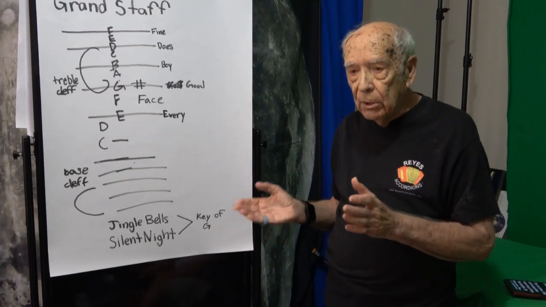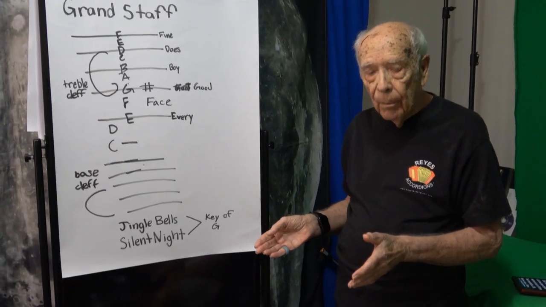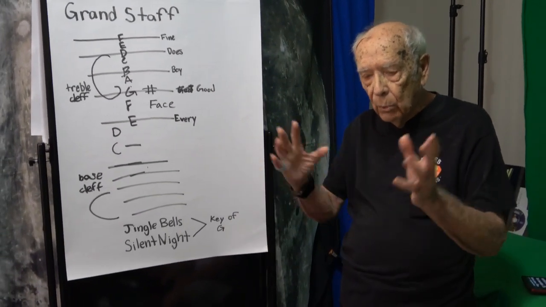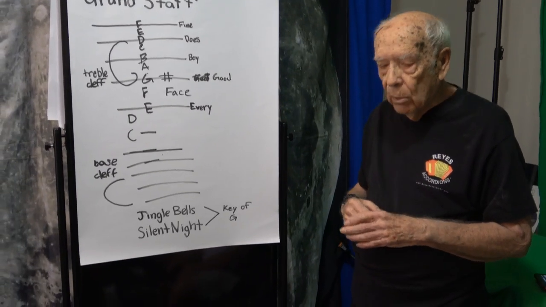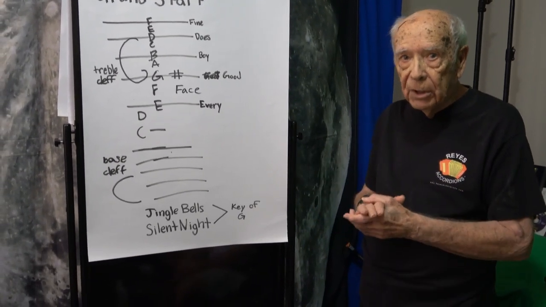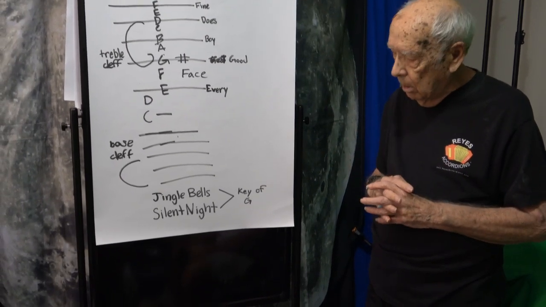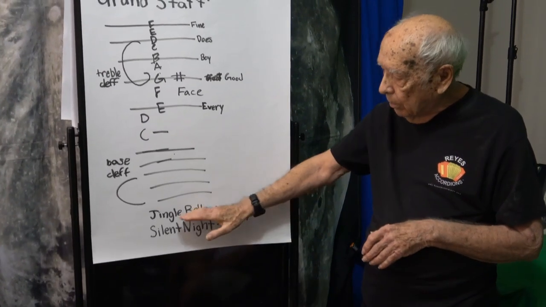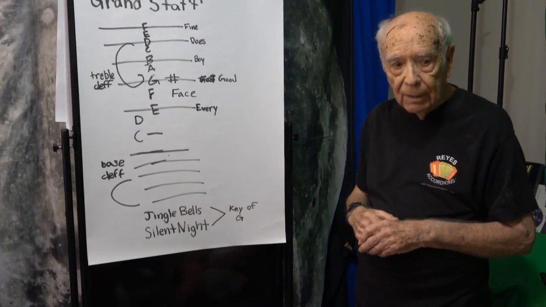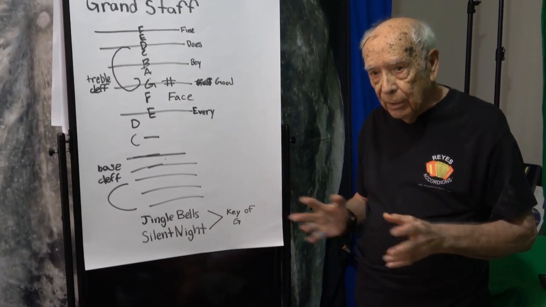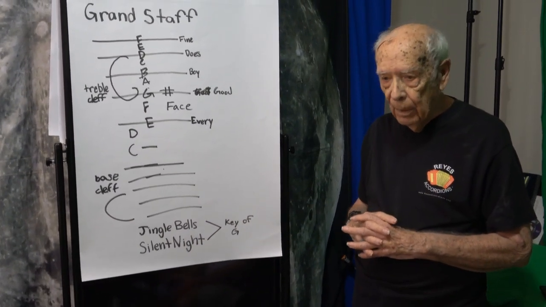So what we've done is our music book that's available, which we'll put in the description when we put this up, that we'll be practicing till Christmas time. So the songs to learn without sheet music to play for Christmas are Jingle Bells and Silent Night. And we've done this for almost 25 years too.